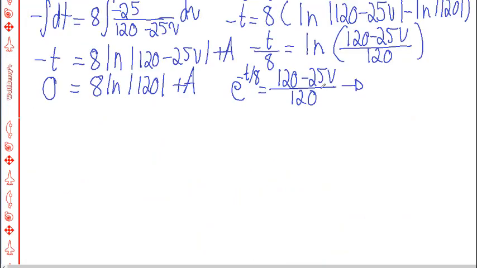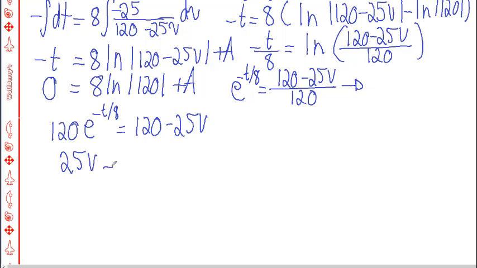So start by multiplying both sides by 120, so it becomes 120 e to the minus t over 8 is equal to 120 minus 25v. Now move this to that side and this to that side to make the v positive. 25v equals 120 minus 120 e to the minus t over 8. Here we can take 120 as a common factor, and we can divide both sides by 25.